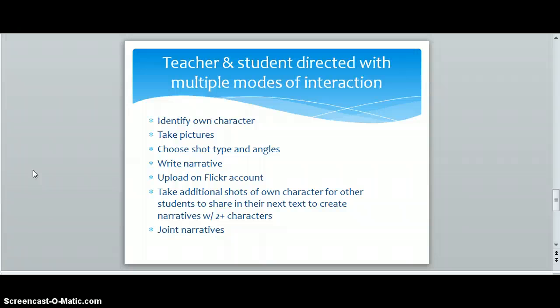They would write up their narrative, upload it, and then as the additional steps, they would have to take more shots of their own character and then give it to their classmates, who would then include these characters in their own narratives. So this would become like joint narratives in which it would involve more than one character. So the characters would interact with each other and the students would have to work with each other and then bounce ideas off each other.